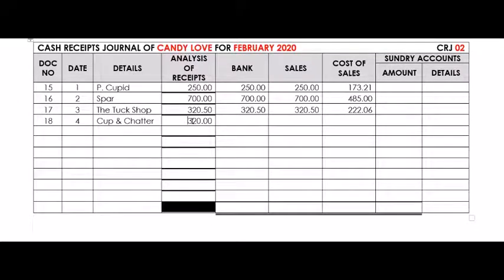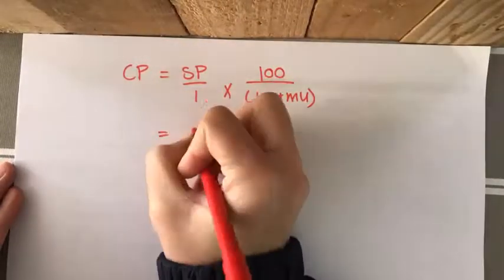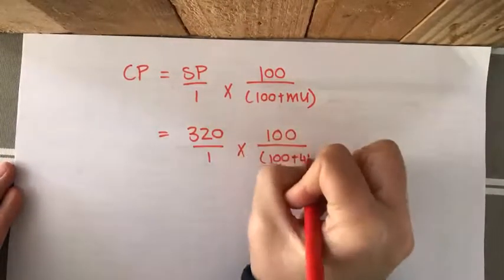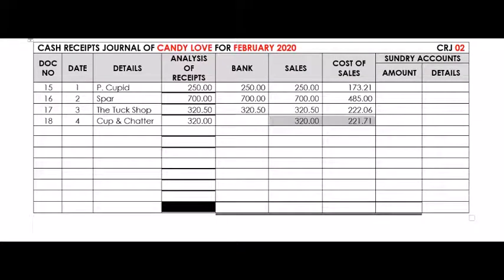So you just leave it in your till and you just specify that you received the money for sales. Then you calculate your cost price. And write the answer in the cost of sales column.